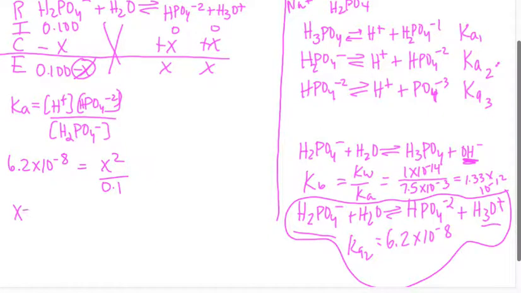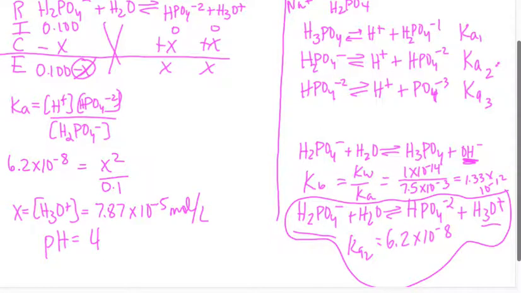So X, which is equal to my H3O plus concentration, is what? 7 point, can I get a second on that? Yay, moles per liter. So that leads to, because of the K's, give me a 2 decimal place pH. 4.10.